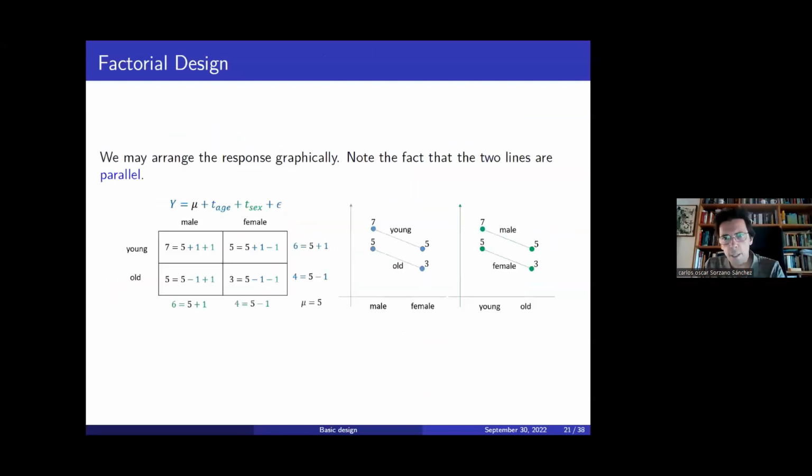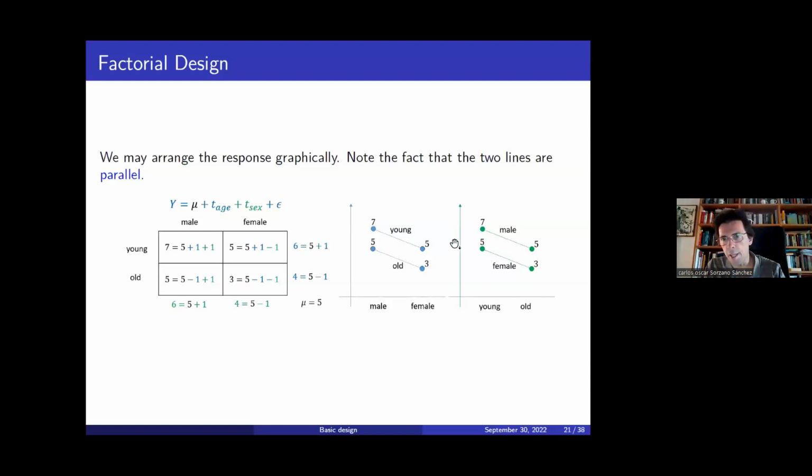And let's give another example. This is the same example, but now we are representing the data. So I can put here male, females, and young, old, and then we see that if you are young, this is the change that you see when you go from male to females, and if you are old, the same happens.